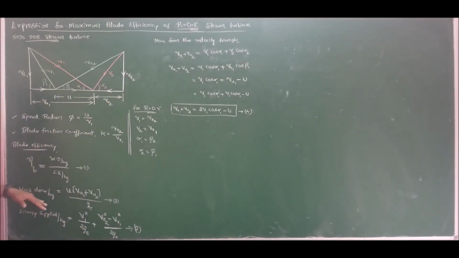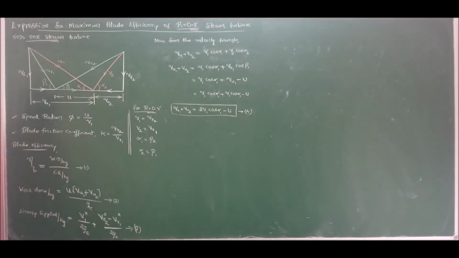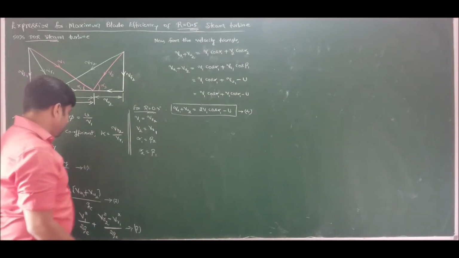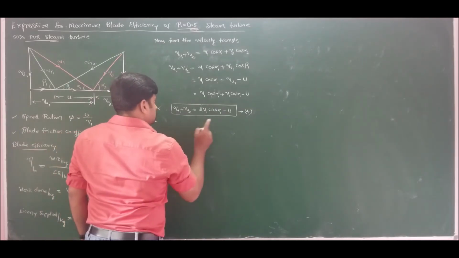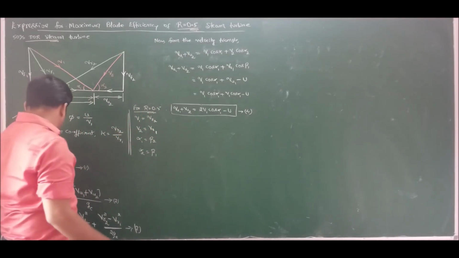So we calculated the value of VU1 plus VU2 in terms of U, V1 and alpha 1. Now in the denominator we have V1 square, but here we have VR2 square minus VR1 square. So I should express this also in terms of U, V1 and alpha 1. First let me substitute this into equation 2.